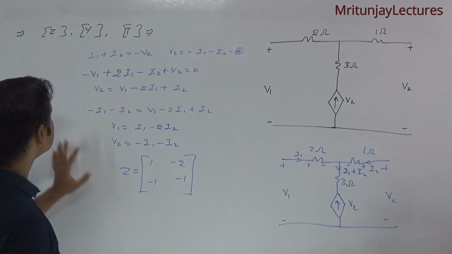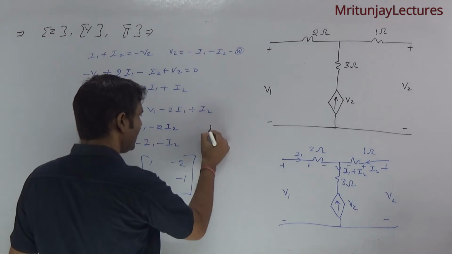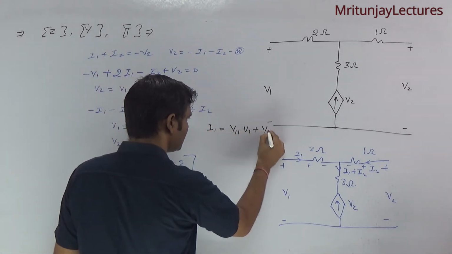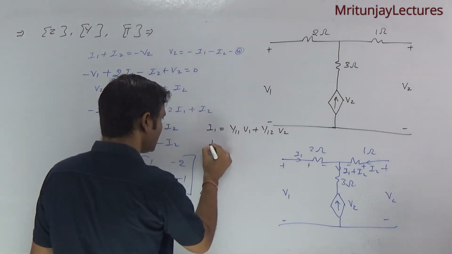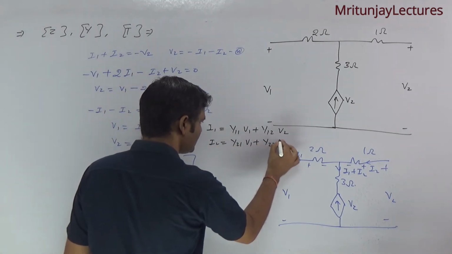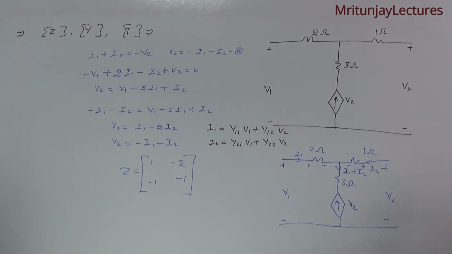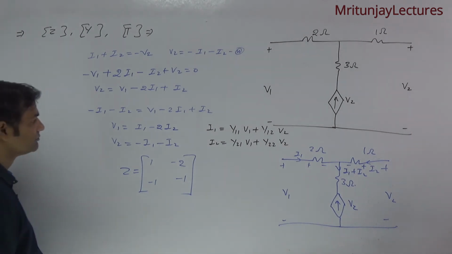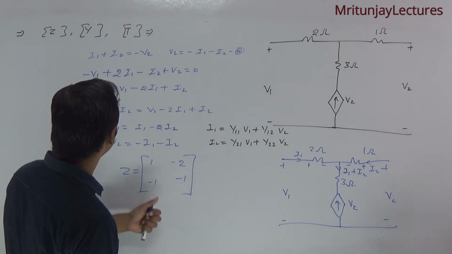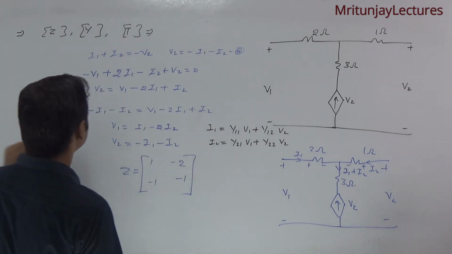Now the next target is the Y parameter. Y parameter means I1 in terms of V1, V2 and I2 in terms of V1, V2, with Y11, Y12, Y21, Y22. Clear?